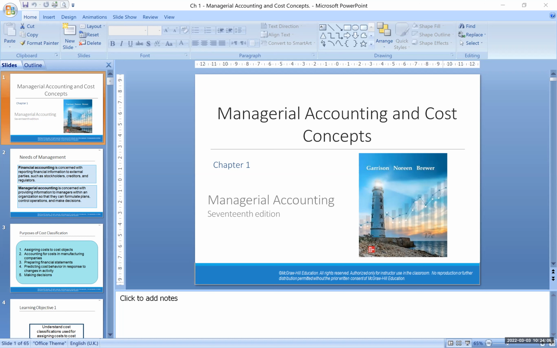The insurance premiums incurred to operate a manufacturing facility. Also, if we are talking about insurance for a factory, for the building that we are doing our production in, then the insurance for this building will be called manufacturing first, and then we will classify this insurance under the title of manufacturing overhead.